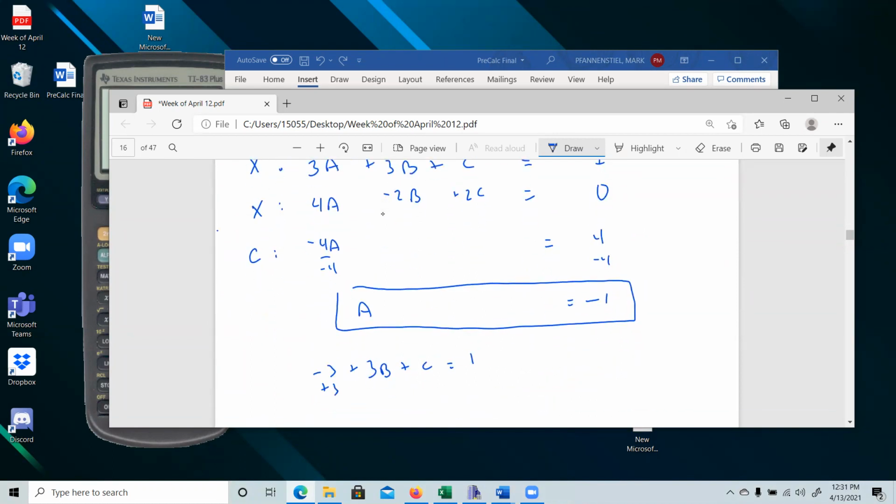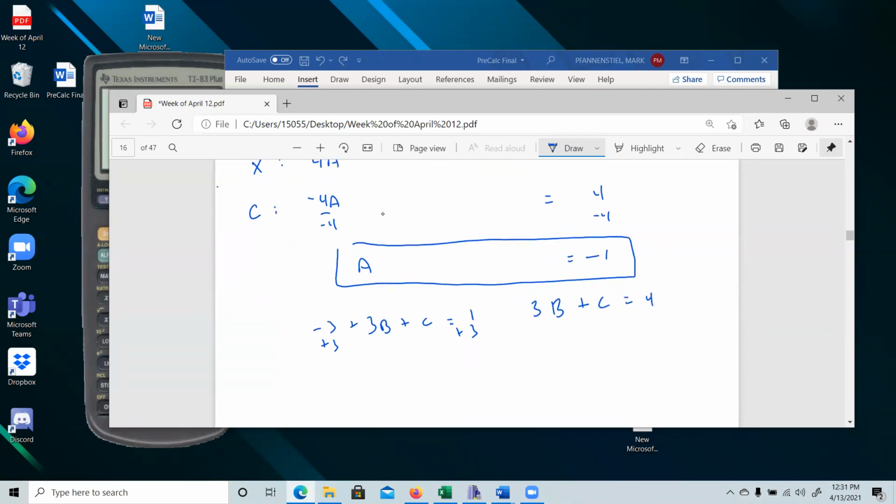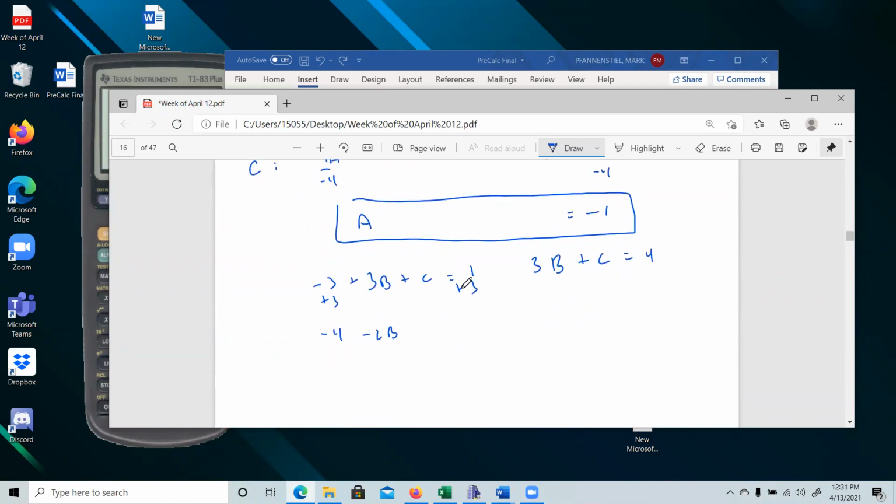So we're going to add 3 to both sides. So we're going to get 3b plus c is equal to 4. Plug it in over here, we're going to get negative 4, because a is negative 1, minus 2b plus 2c, equals 0.